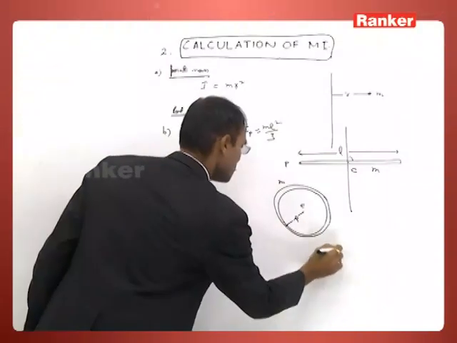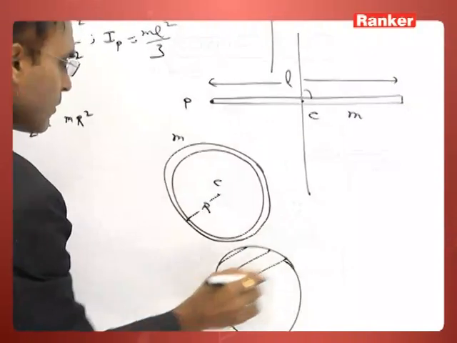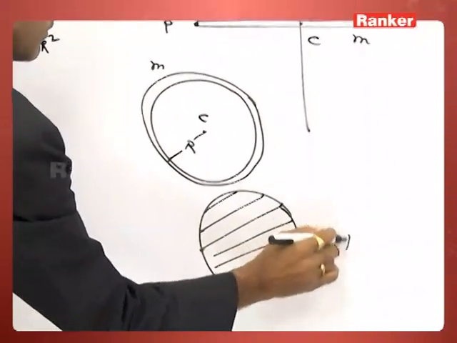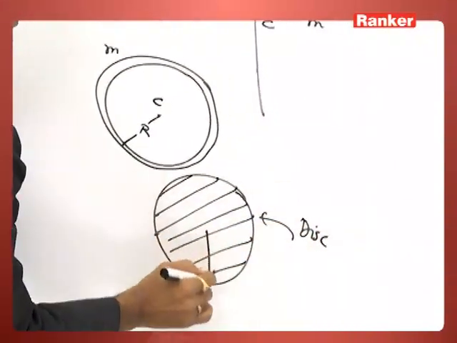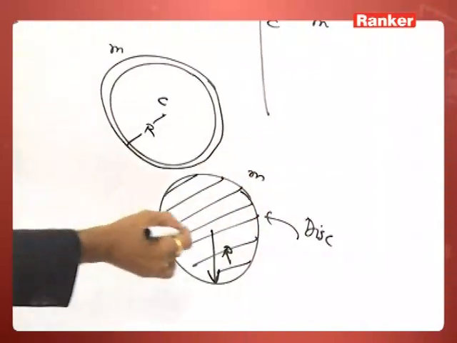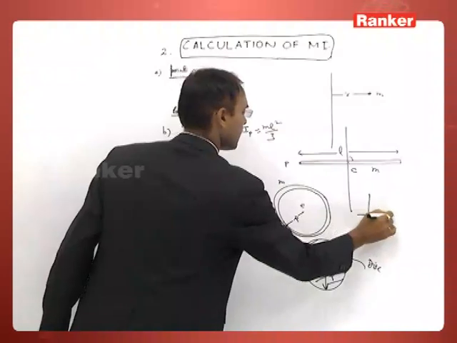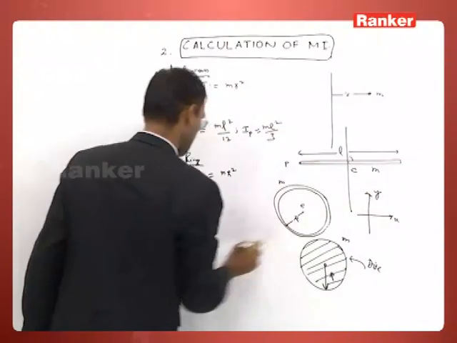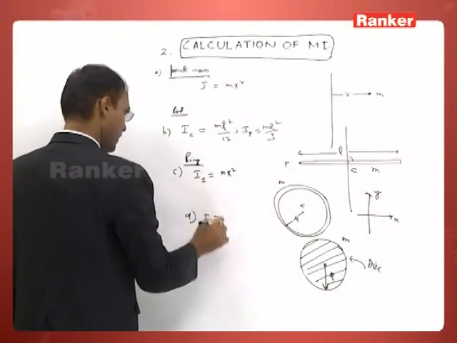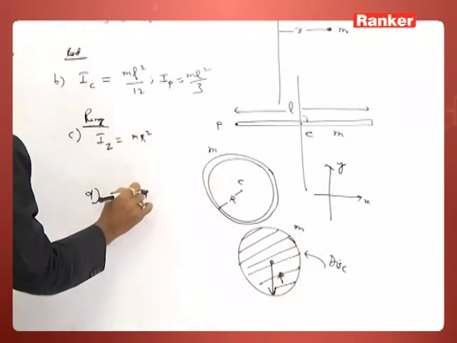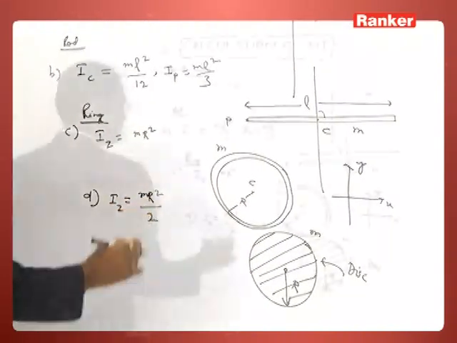If this is a disk of radius r, mass m, about the z axis, the moment of inertia will be equal to mr square by 2.